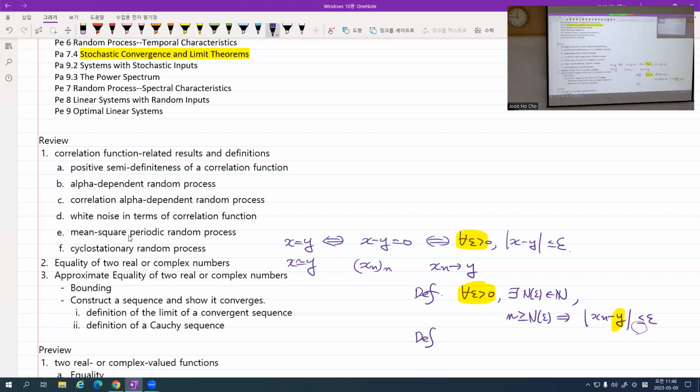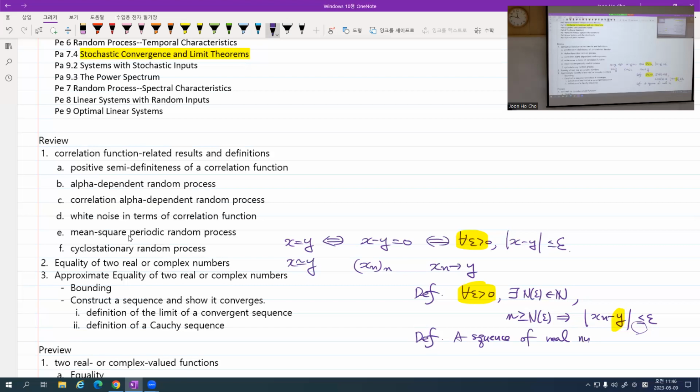And this is called the limit of this sequence. There is another definition related to the convergent sequence, which is the class of Cauchy sequences. A sequence, not necessarily of real numbers, could be complex numbers or some elements in an abstract space. But anyway, I will limit to real numbers.